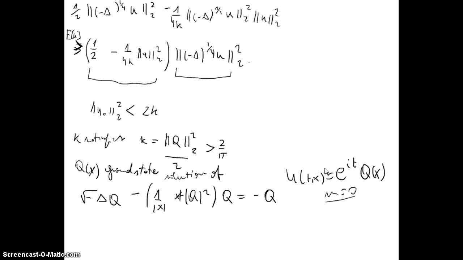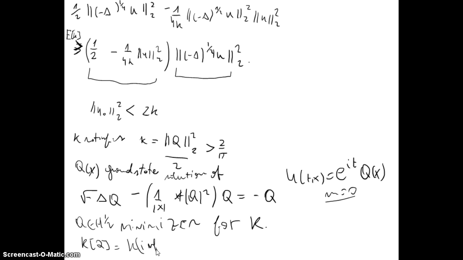If you insert this in the equation, we obtain this. Okay, so q in H^{1/2} will be a minimizer for k. That would mean that K of q will give k the infimum.